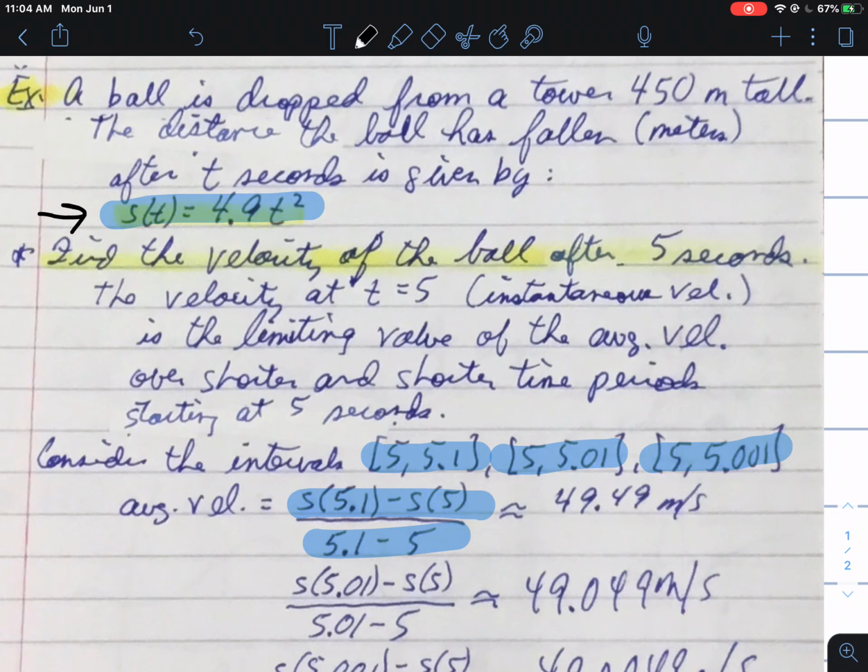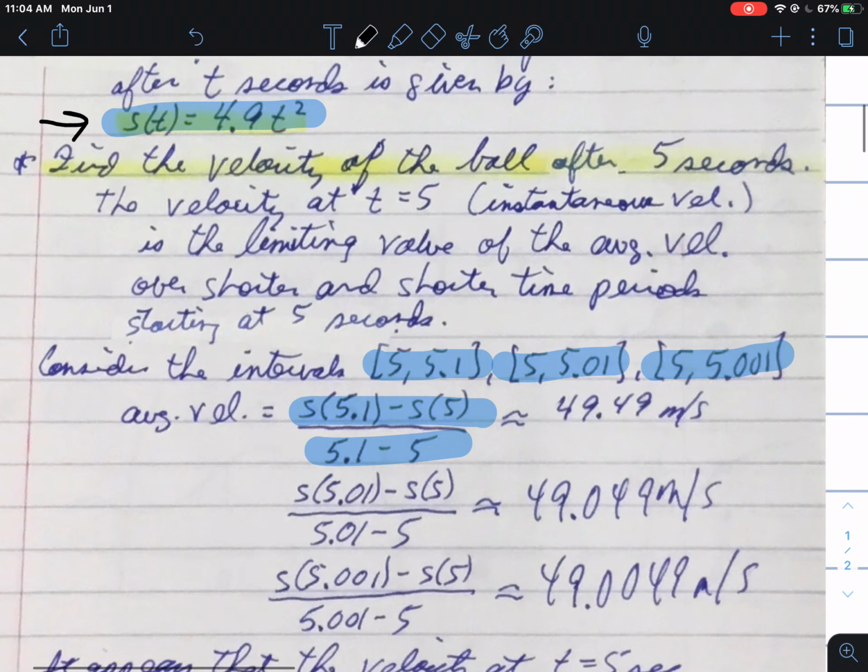And then we're dividing that by 5.1 minus 5, which is the time interval, right? 5.1 seconds minus 5 seconds. So the units up top in our fraction is meters. The units on the bottom is change in seconds, so it's meters per second. And that's a typical unit for velocity. We said it's change in position over some unit of time, right? Meters per second in this case.